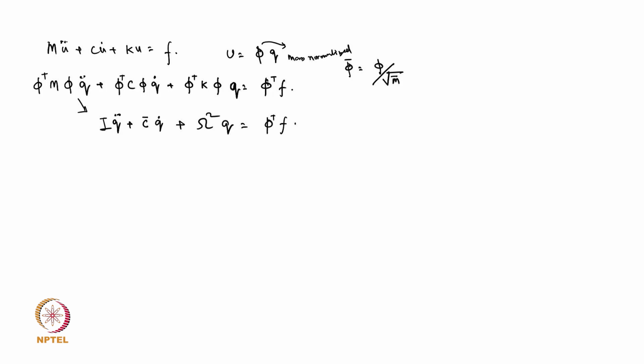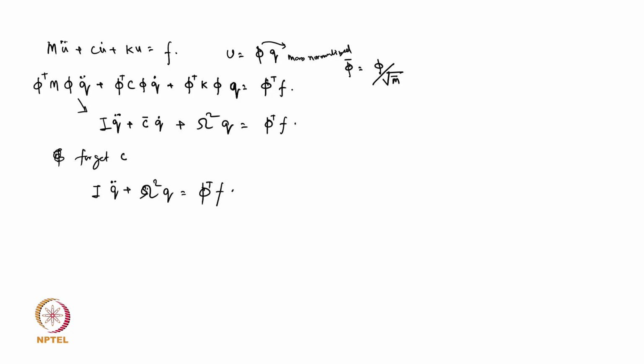Now, did we achieve our goal? If we forget C, then I will have q double dot plus omega square q equal to phi transpose F. Can I say that?